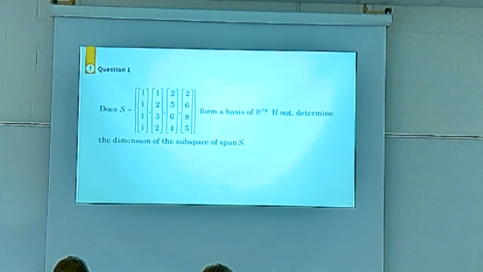Set up the matrix where each column is a vector in the set, and then row reduce it. If it's linearly independent, what's that going to row reduce to? The identity.